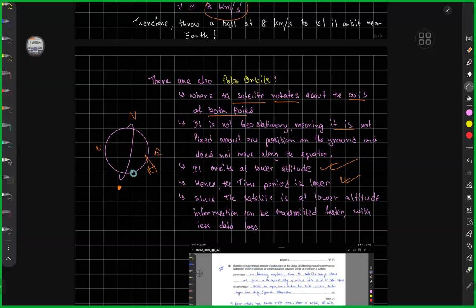This satellite doesn't move with respect to this position on Earth, but my satellite with a lower time period does. It does not stay fixed with one position, because I want it to go around, collect some information of Earth, and come back to me. That's the point of polar orbit. I want it to collect information of multiple parts of Earth. I don't want it to be fixed. Are you getting the point?